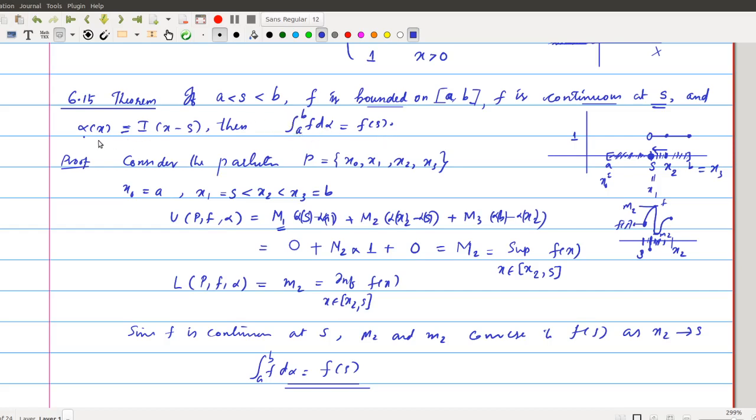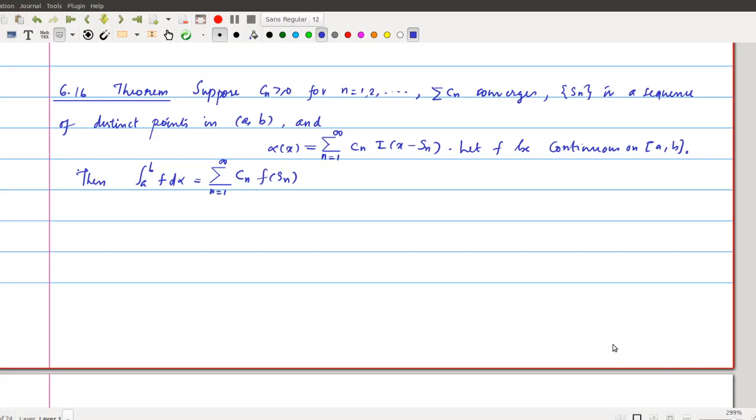So if you use alpha of x as a monotonically increasing function, which is a unit step function, then the integral coincides with the functional value. That is the meaning of this theorem. Using this theorem, in the next theorem 6.16 we will prove the general case.